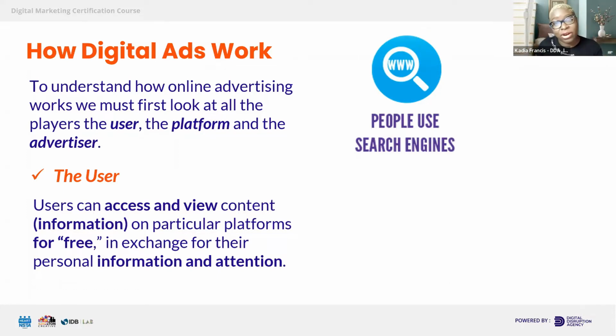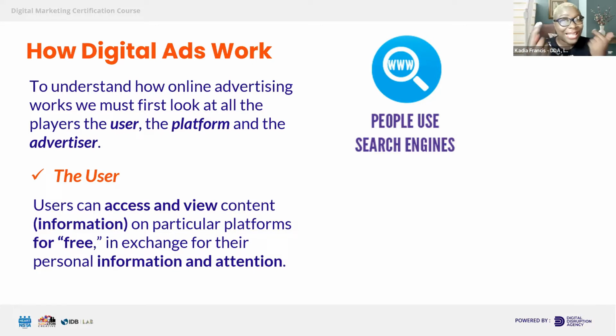Any one of us can go on Instagram, Facebook, TikTok, websites, YouTube. We can go on all these platforms and view this content for free. Now, there's a reason why it's free. There's a saying that goes, if it's free, then you're the product. And it's kind of true in this case, because you are exchanging something in order to be able to access those platforms for free.